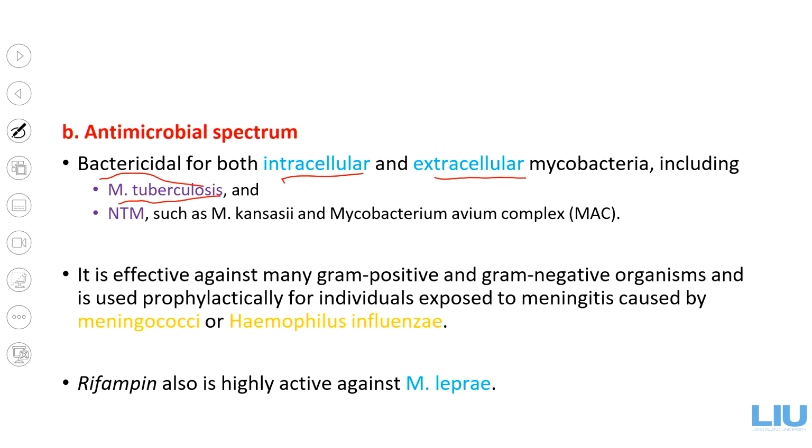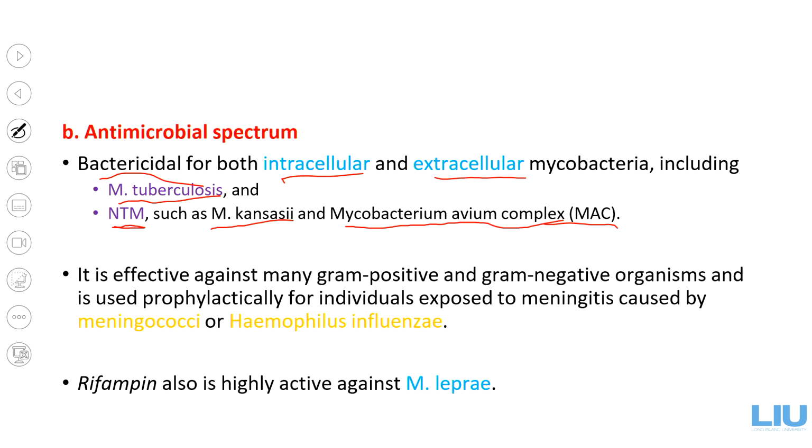It does act on the non-tuberculosis mycobacteria, such as Mycobacterium kansasii and the Mycobacterium avium complex, MAC, but you don't have to memorize the spectrum, as I said. It also has effects on other bacteria, not just the Mycobacteria.